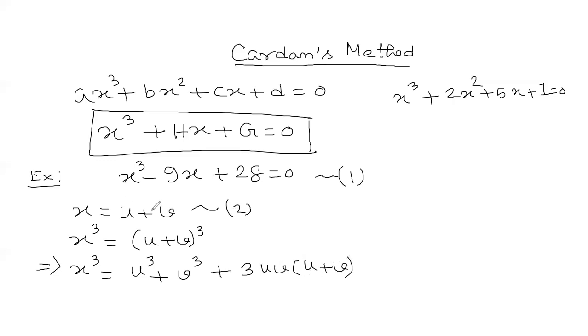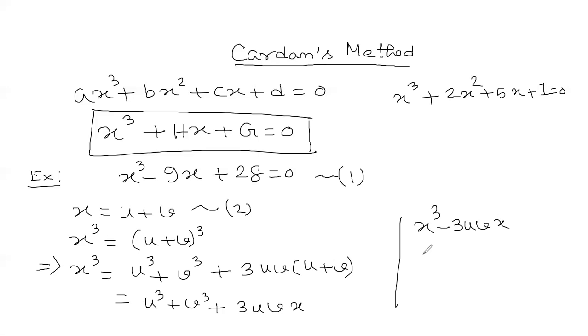You have assumed this to be x, right? So this is equal to u cube plus v cube plus 3uvx. So what do you get over here? You're getting x cube minus 3uvx minus (u cube plus v cube) equal to 0. So this is your equation 2.